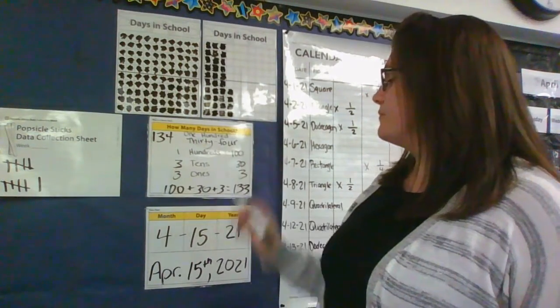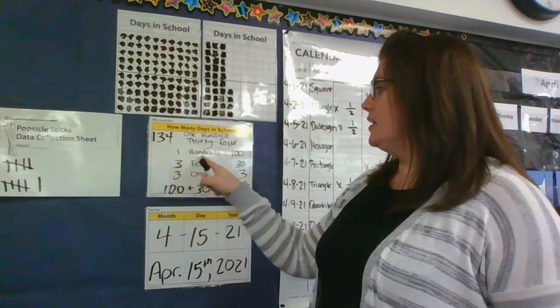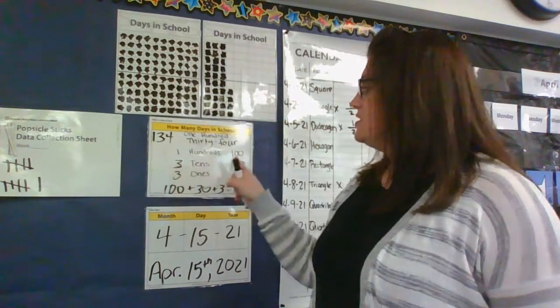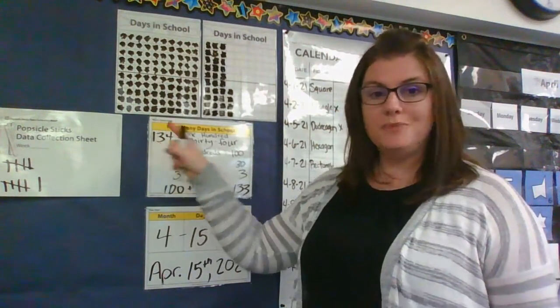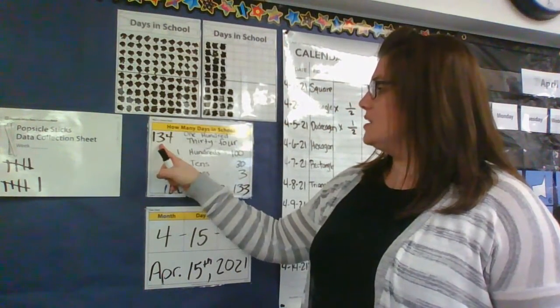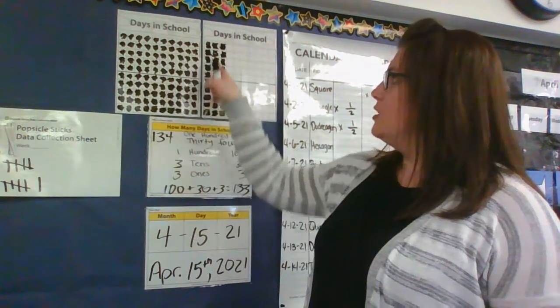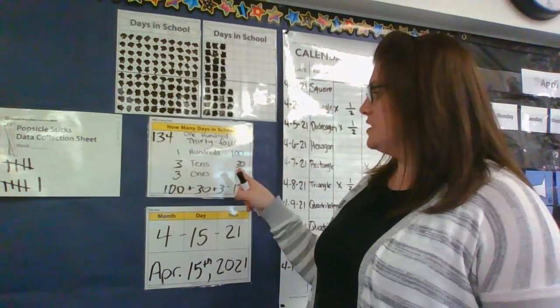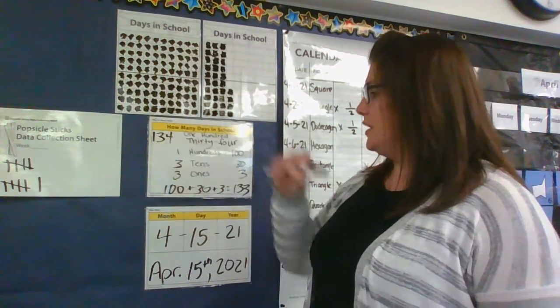So when we write it out, we'll write it 134. Let's break it down. A 1 in our hundreds place means we have one group of 100. A 3 in our tens place means we have 3 groups of 10, which gives us 30, 10, 20, 30.